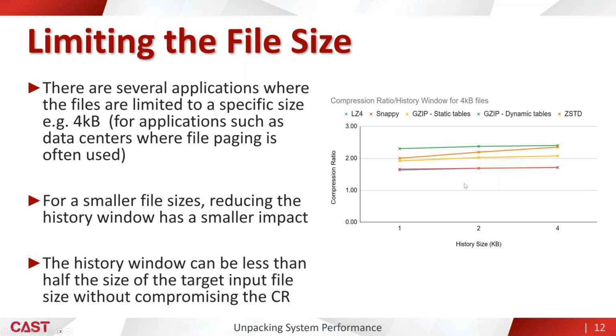But in reality, again, it's a compromise, and we can see by this graph that we can easily define a rule of thumb, let's say, that in such a case, we can use a history window of half the file size without compromising the compression ratio much.